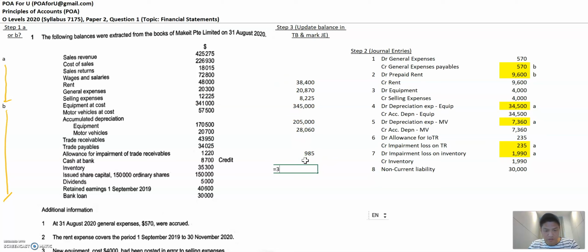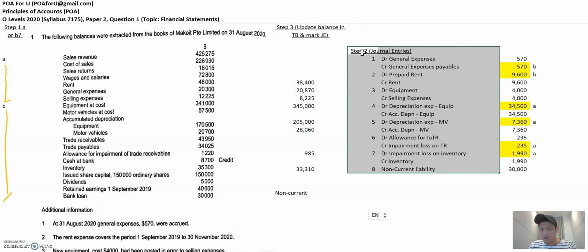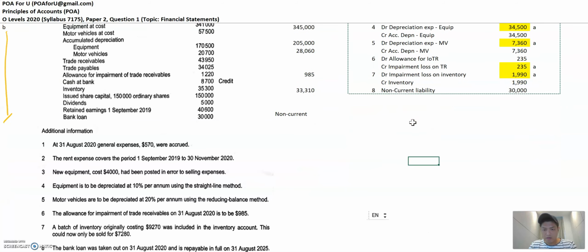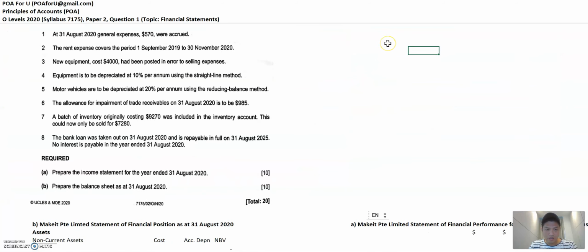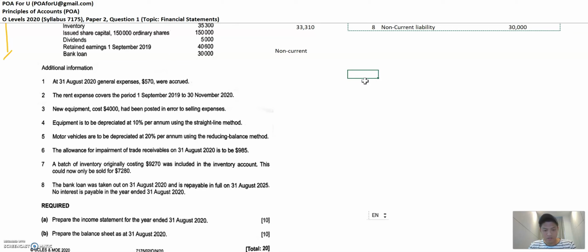I saw it somewhere. 35,300 less 1,990. And this will be non-current liability. There's no impact to the balance, so I'm just going to put non-current. And that's it. All right, I'm going to move this journal entry part down so that I can make space for my P&L later. And I'm going to move it here.